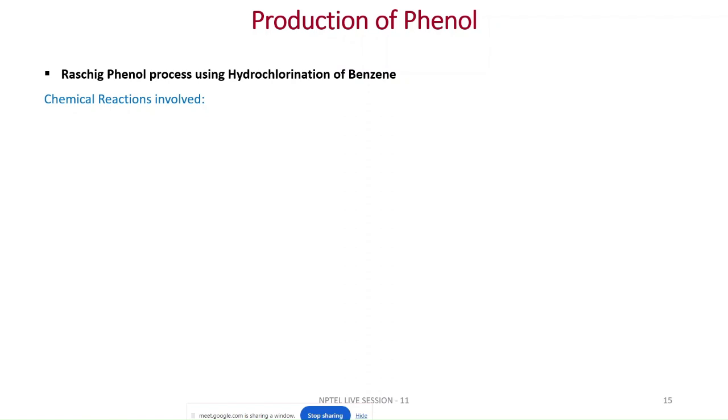What are the chemical reactions involved in the Raschig phenol process using the hydrochlorination of benzene? Very simple reaction. The first one is the hydrochlorination process.